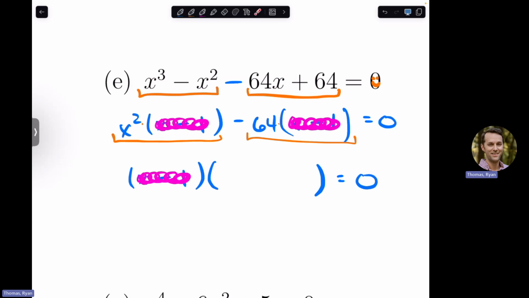If I take that out, what's left here? X squared. And what's left here would be minus 64. Oh, hey. We factored it. I know, right? It feels like we just sort of fell into it, right? Like we backed into factoring the thing, but it's factored now. This is called factoring by grouping.